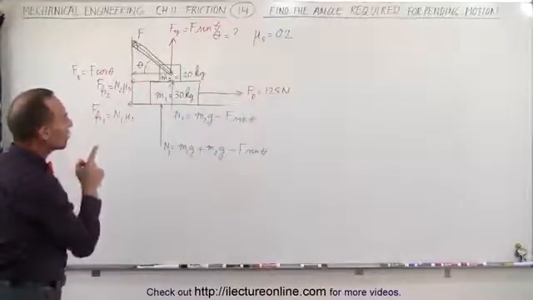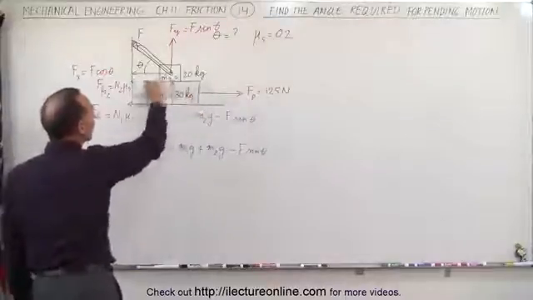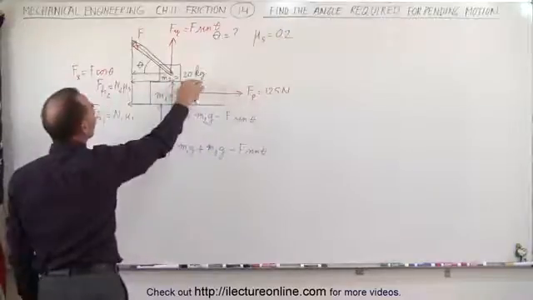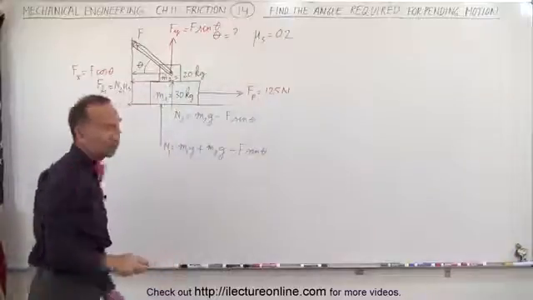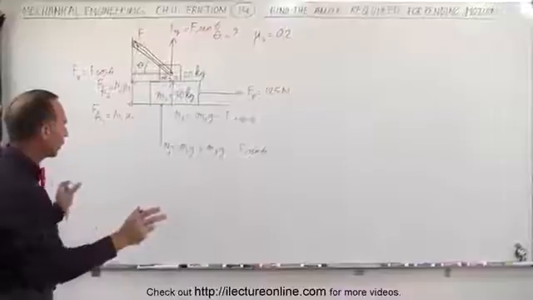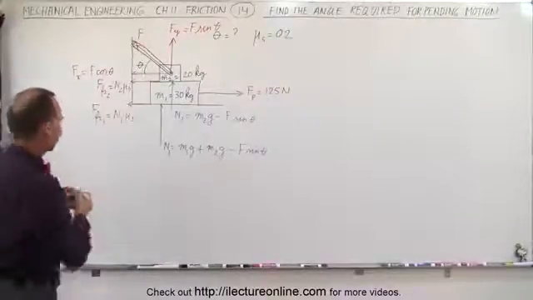So what we can do is set up an equation for all the forces in the x direction on M1, and find the sum of the forces acting on M2 in the x direction. Then hopefully we can solve for the angle by combining the two equations. So let's start with the first one.